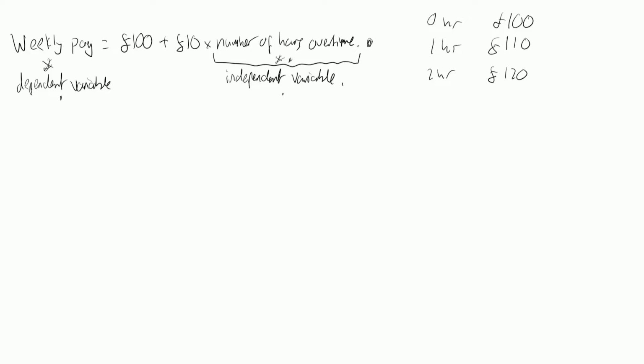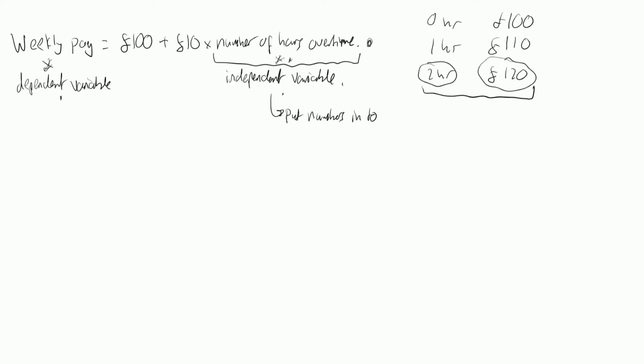So another way to think of it: independent variables are the ones we put numbers into. If you have a look at this left and right-hand side here, we put in the number of hours of overtime and we got out a certain amount of pay.